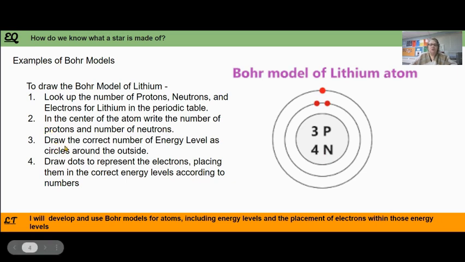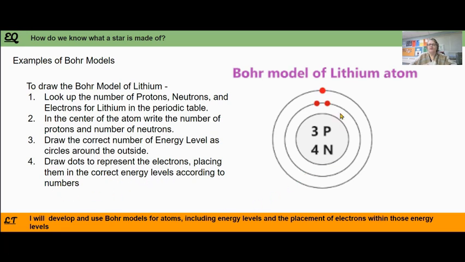Step 3, draw the correct number of energy levels as circles around the outside. We know that we need 3 electrons, which means that if we go past 2, we need at least 2 energy levels. So we need 2 circles where the electrons are going to live. Then we draw dots to represent the electrons, placing them in the correct energy level.